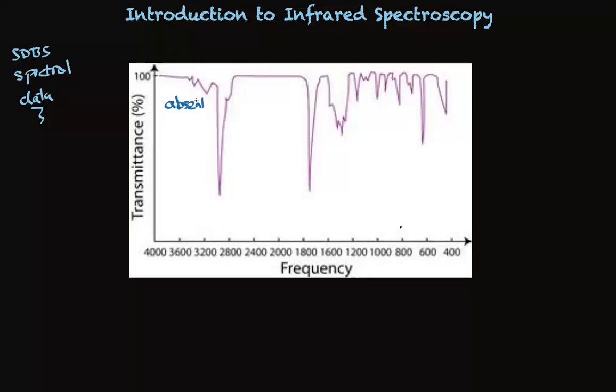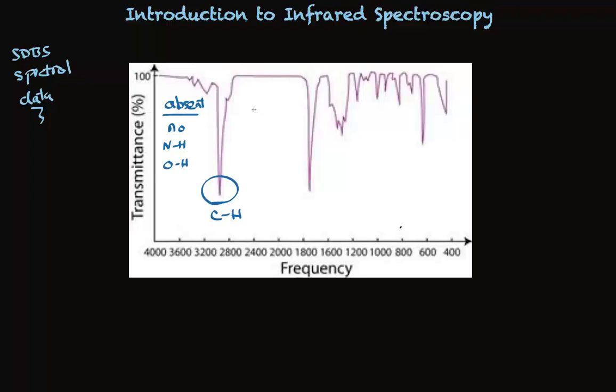There is little absorption in this region, no NH, no OH. This absorption occurs in the range for CH, so we know CH is present.